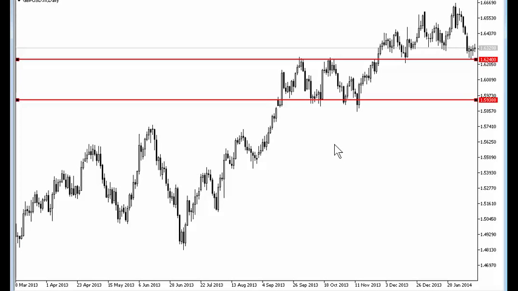Well, the first thing I do is look at what the momentum was before we entered this range. As you can see, price came from below and was moving up, so we were in an uptrend. So what I like to do is look for bullish setups at the low of the range, say here, to get back into that momentum.